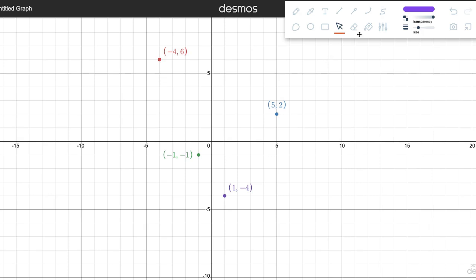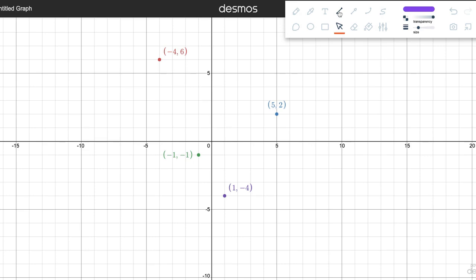Where do we seem to see that? Let's take a look. If I'm going from 5 to negative 4, I have to go 5 and then 4 more, so that would be negative 9. And if I was going from 2 to 6, I would have to go up 1, 2, 3, 4. And so we can go ahead and do that.